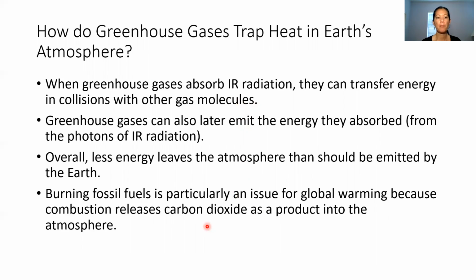So just to wrap this up, carbon dioxide is a big offender, and that's why there's such a push not to burn fossil fuels. Fossil fuels are hydrocarbons. Anytime you burn a hydrocarbon, that's called combustion, and you always make carbon dioxide as a product. So that's why that's such a big offender, and why the world is trying to go towards alternative energies: electric, solar, geothermal, wind.